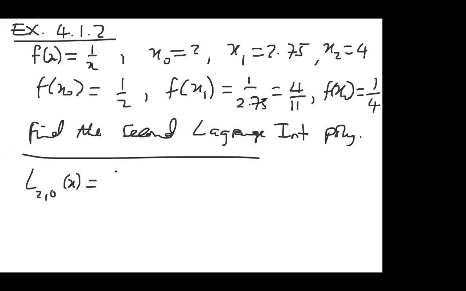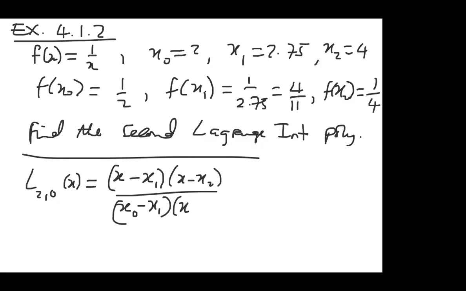So this one will be equal to, like we said, we'll have those linear factors in the numerator, x minus x1. I won't have x minus x0 because in this case k is equal to 0. So I'll have this times x minus x2. Now I'll evaluate this same numerator at x0. So I'll have x0 minus x1 times x0 minus x2. So let's just substitute in there.